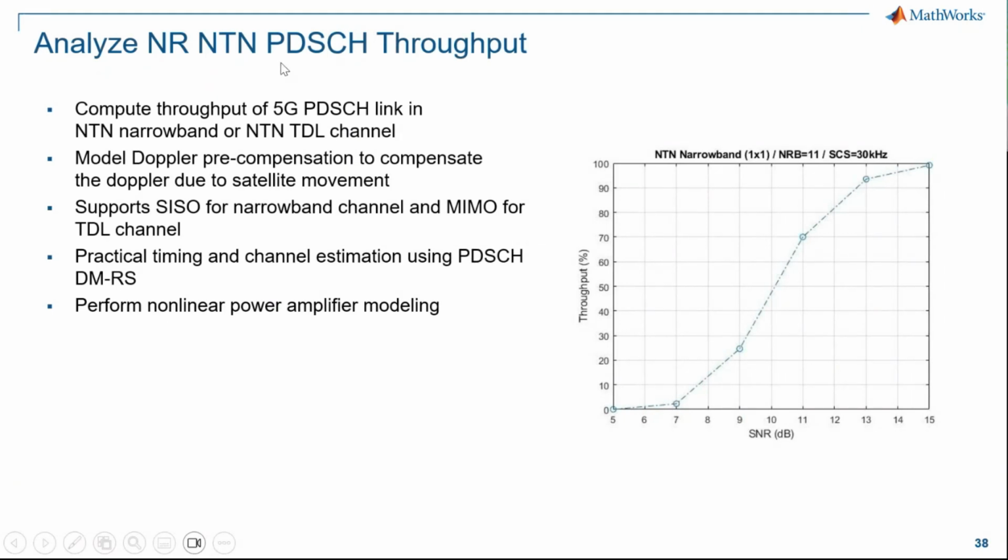It's the analyzing NTN PDSCH throughput. Here we implement different channels, the NTN narrowband and NTN TDL. What we do in this example is of course, we pay attention to the Doppler, and here we see how to pre-compensate for the Doppler because of the satellite movement.